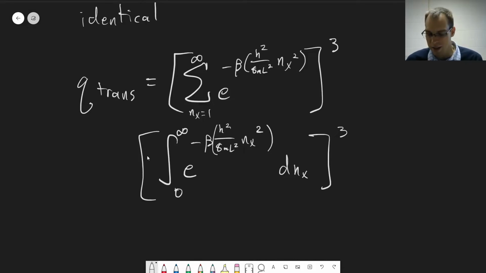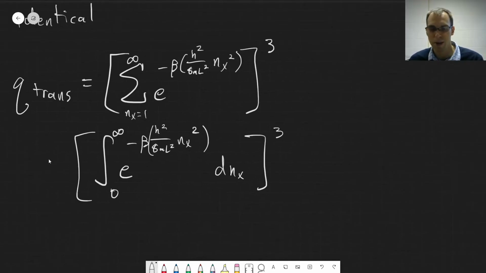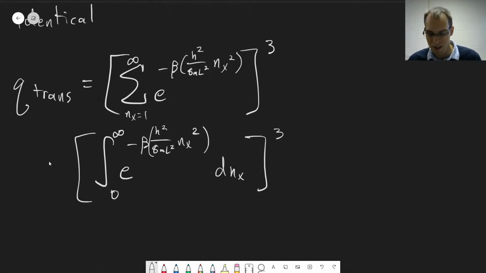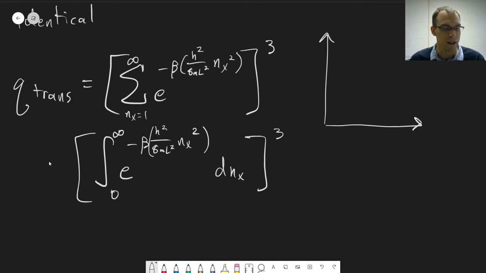Now, I said this is a good approximation, and let's talk a little bit about why and when this approximation is valid, because we're going to look at this again when we look at some other cases. So let's think about these energy levels. We're adding up a bunch of terms, and all these energy levels are very closely spaced together. There's a figure in your textbook kind of like this.